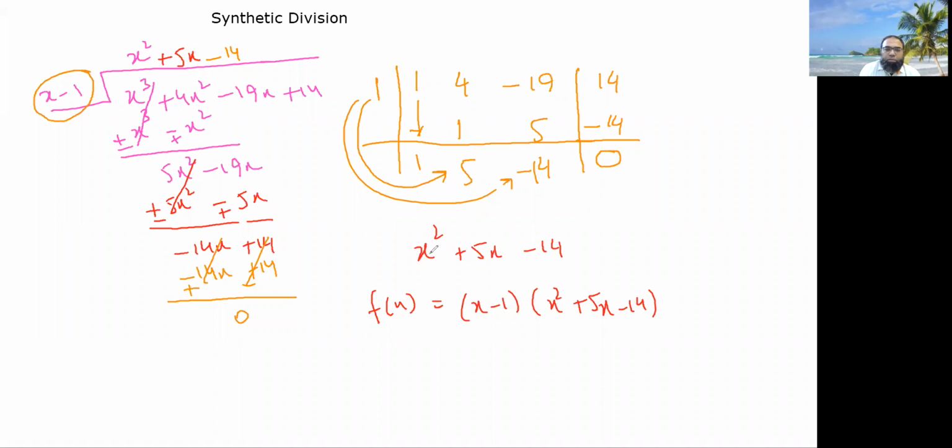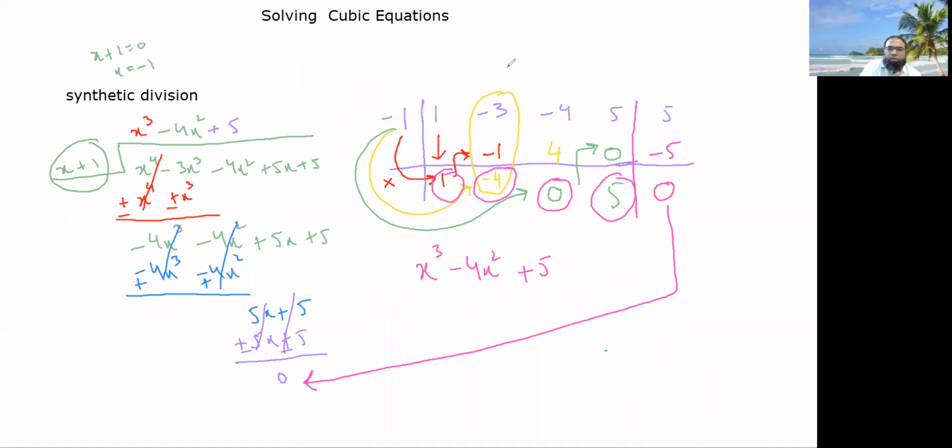There's one thing: sometimes when you're doing this synthetic division, you might get a 0 over here. If I take you back to this slide, you see that you had a 0 here. This was the cubic, the square, and this was the x term. So this means there is no x term over here.